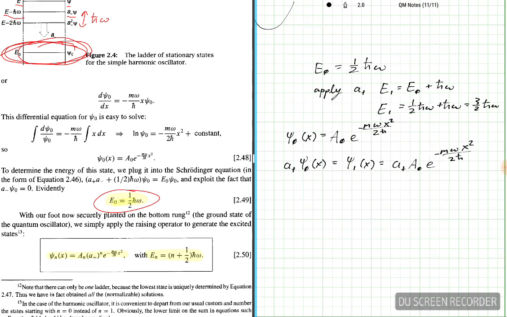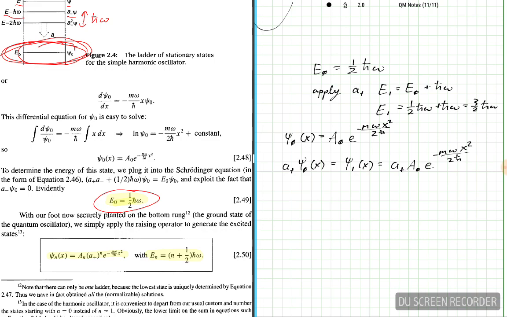Or I could also write that as just, now this normalization constant will change. We could call it A1. I could put my A plus there, and then it's going to act on this guy. Each state has to be normalized.